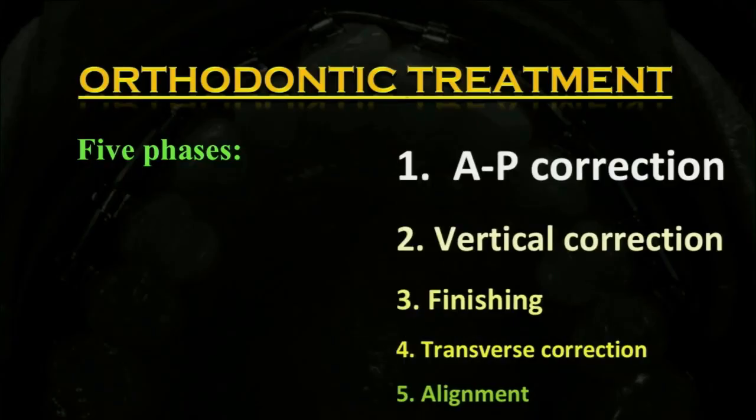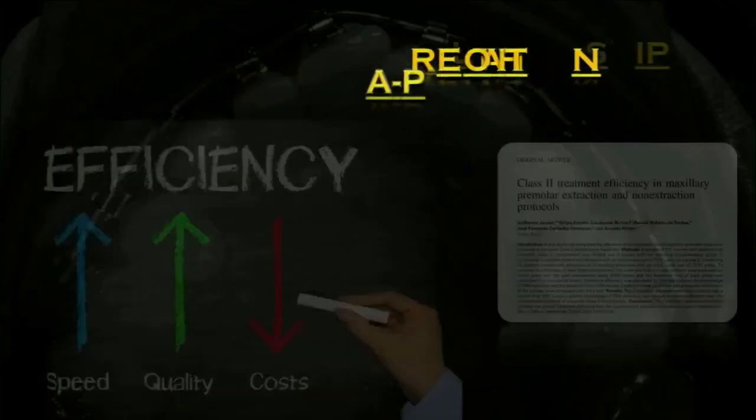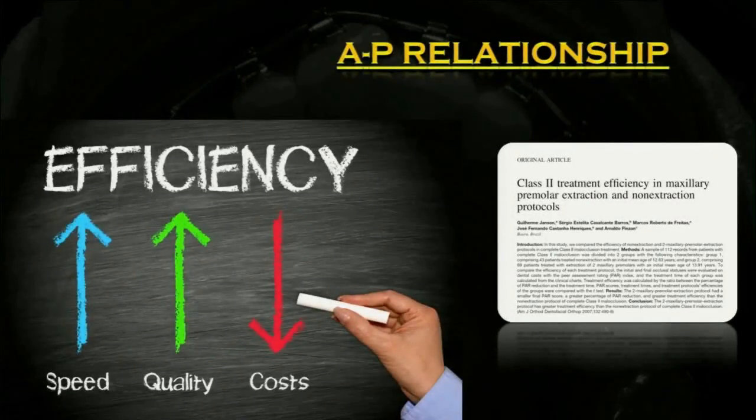By far, we know that AP correction and vertical correction are the periods that take more time to be treated in our orthodontic protocol. And we know that, for example, alignment doesn't take much. Well, the literature has clarified some of the AP correction for us.